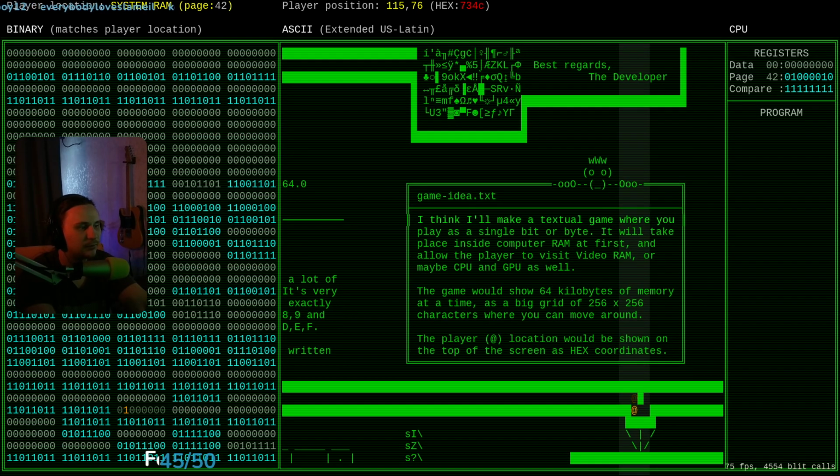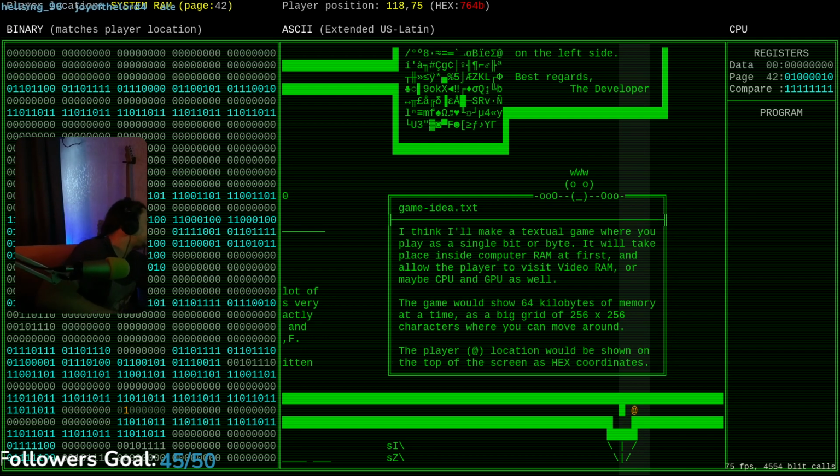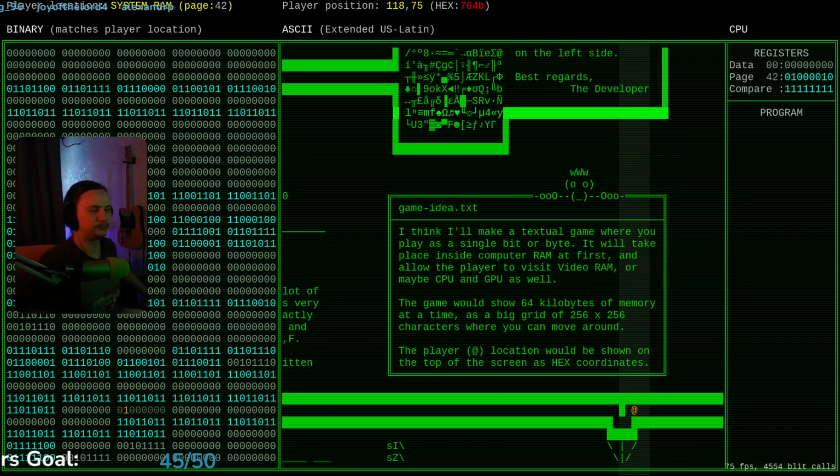Game idea. Yes. What it's all about. I think I will make a textual game where you play as a single bit or byte. It will take place inside computer RAM at first and allow the player to visit video RAM or maybe CPU and GPU as well.